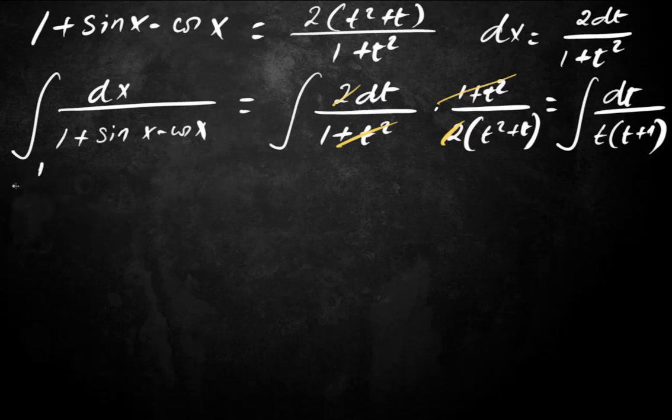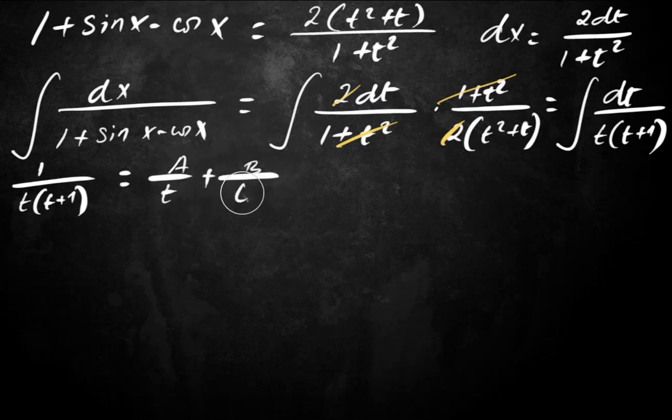So we have partial fractions here. You can say 1 over t times t plus 1 is equal to a over t plus b over t plus 1. Put on some denominator, we get a times t plus 1 plus b times t is equal to 1.